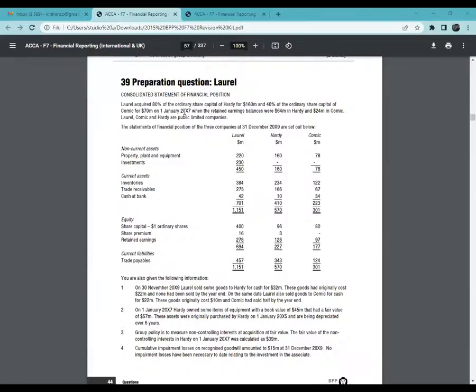Great, let's count this. You see, the date of acquisition, my friend, is 1st January 2017, not 2015. 2015 is when the assets were being acquired. Here we are talking about acquisition of the subsidiary, which was acquired on 1st January 2017.